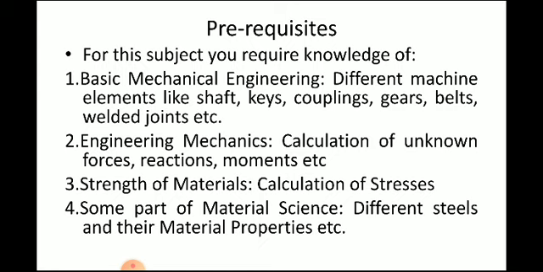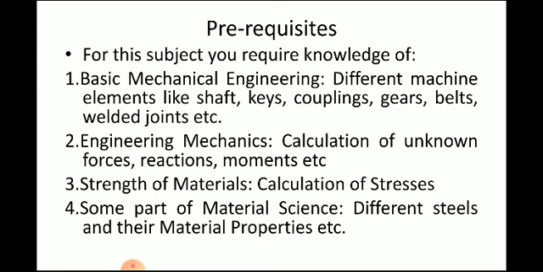And one more subject you need to know for this DME 1, that is nothing but different steels and their material properties. So this is fourth part, that is material science. A little bit part is required.